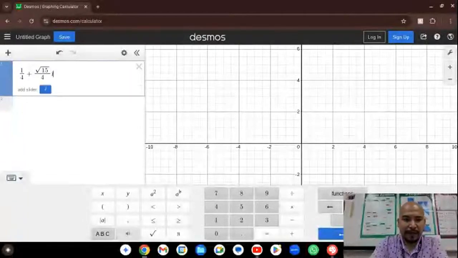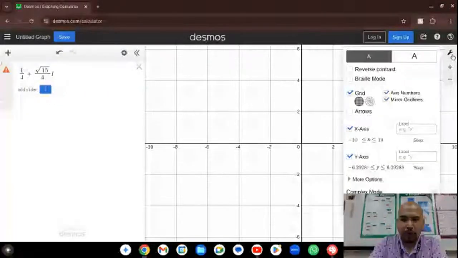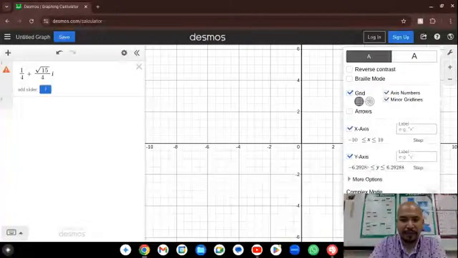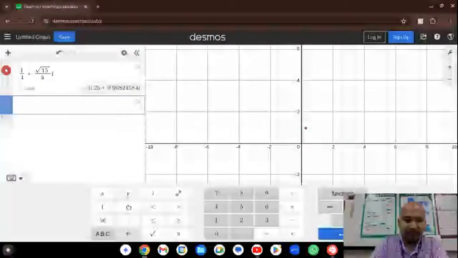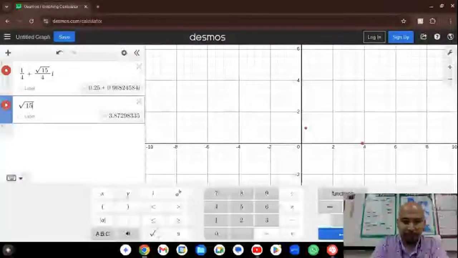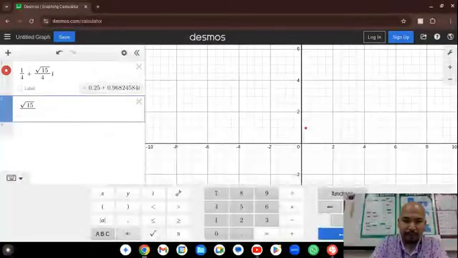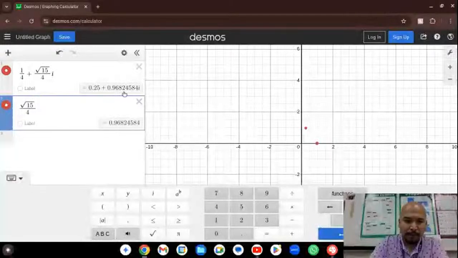And since it has I, remember that you have to switch it to complex mode. If you don't switch it to complex mode, you won't be able to get the answer right away. And there it is. Now, if you do square root of 15, press the right key, divide by 4. This is what it gives you.